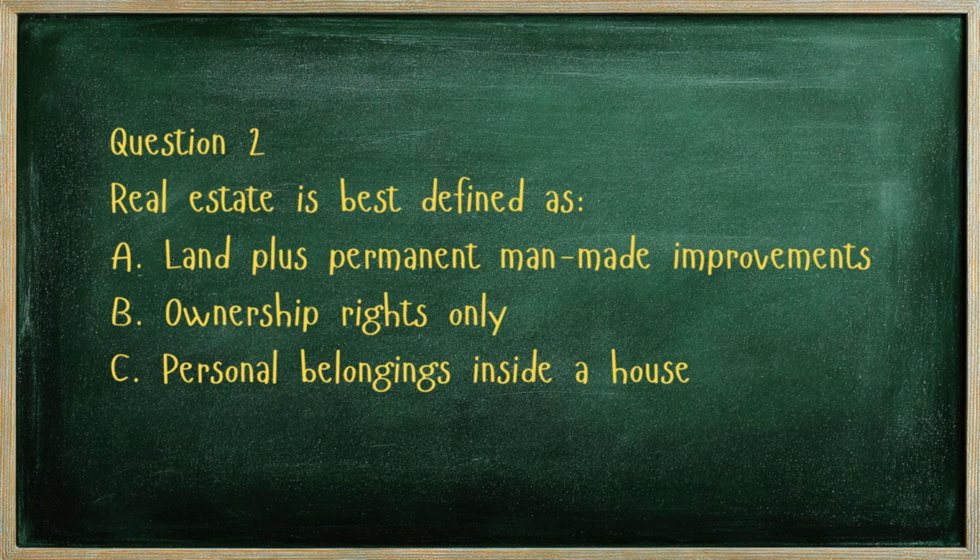Question number 2. Real estate is best defined as A, land plus permanent man-made improvements, B, ownership rights only, C, personal belongings inside a house. The answer is A, land plus permanent man-made improvements.